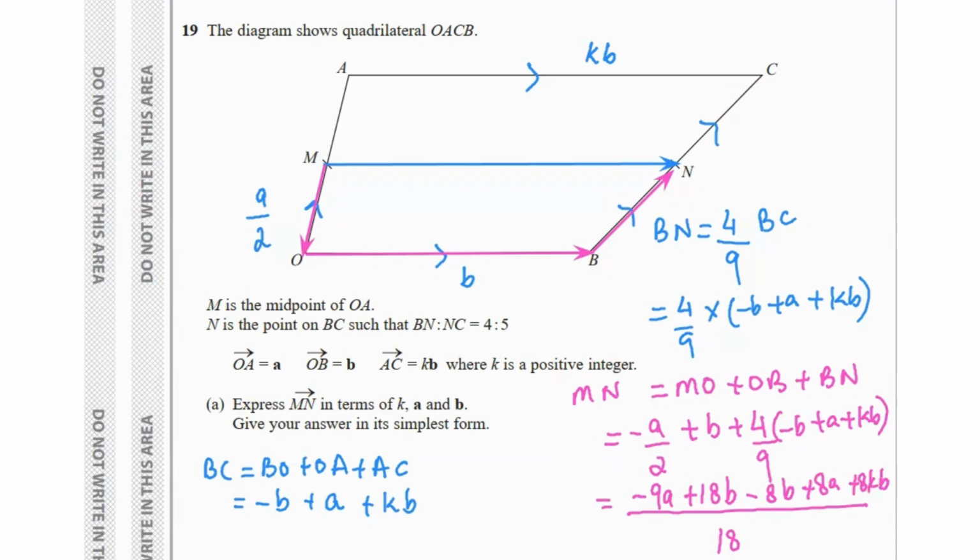If you simplify that, it's going to be negative A plus 10B plus 8KB over 18. This is what I get for MN.